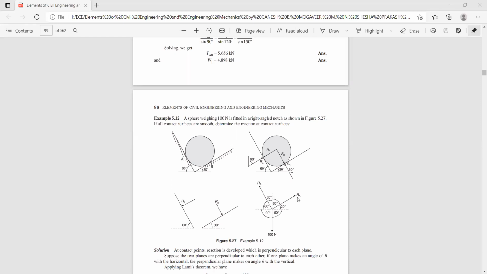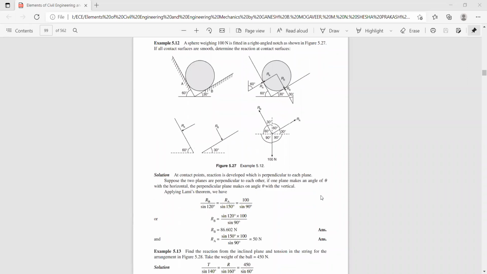Let us now check the answers. RA divided by sin 150, RB divided by sin 120, and 100 divided by sin 90, and the value of RB is 86.60 Newton and RA is equal to 50 Newton.